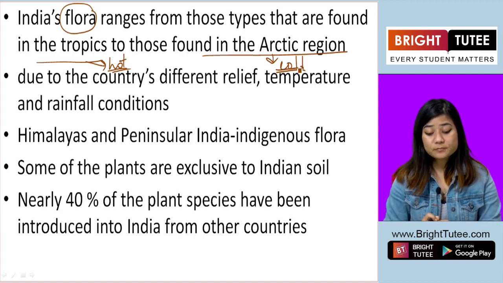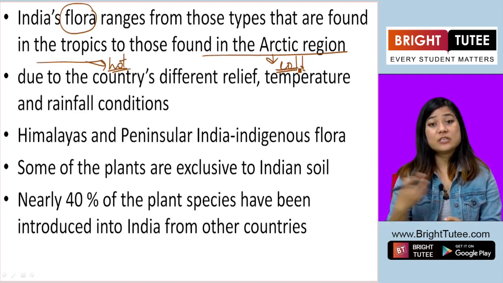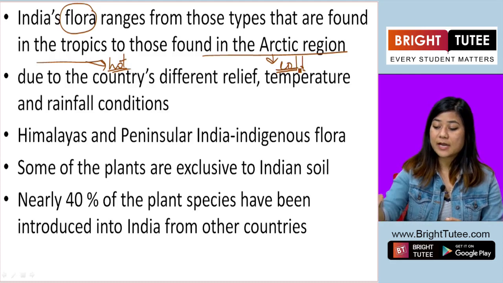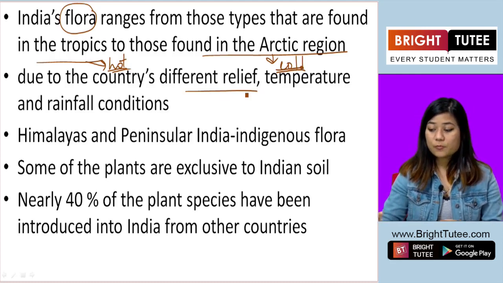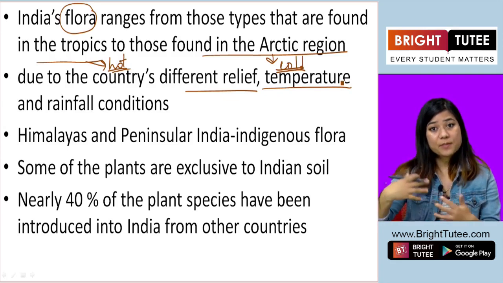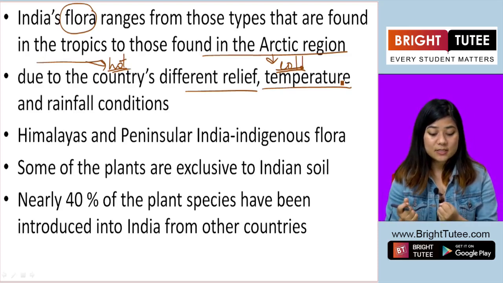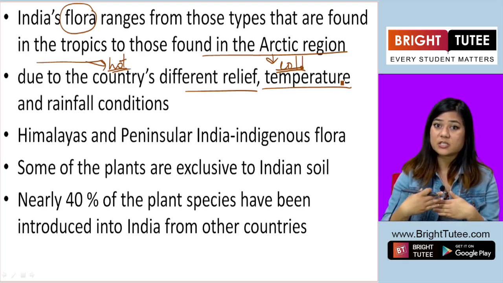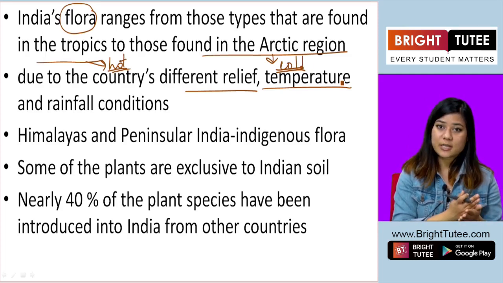This is because we have different kinds of landscape or geographical features. We have different temperatures, right? We have tropical, we have temperate, all these climatic conditions depending on the region and the landscape. We did this in one of our earlier chapters, right?